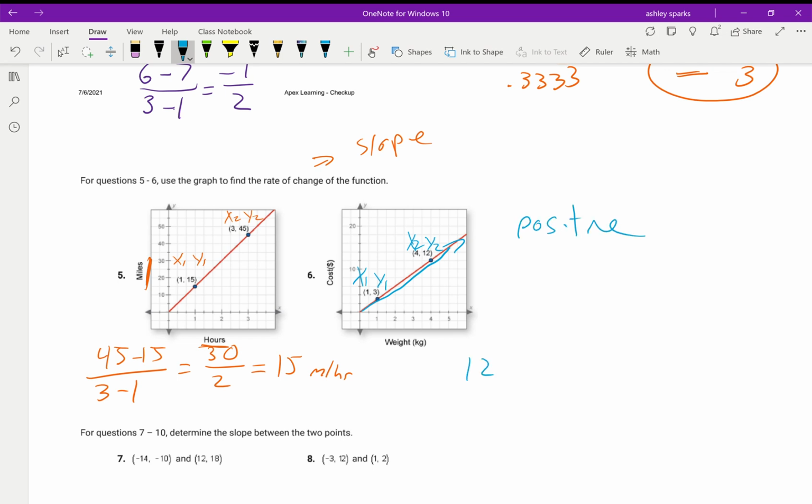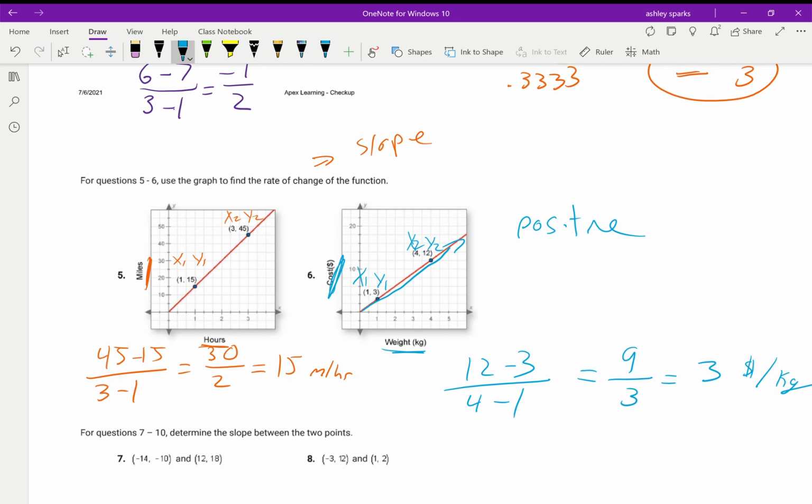So we would get 12 minus 3 over 4 minus 1. 12 minus 3 is 9, and 4 minus 1 is 3. Simplifying that down, I would get $3 per kilogram, because I have dollars over here and kilograms.